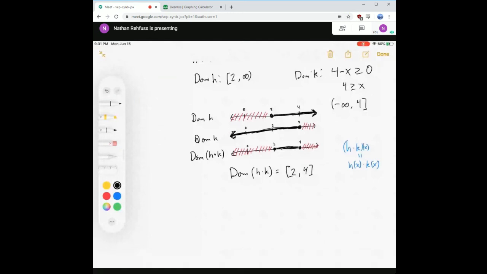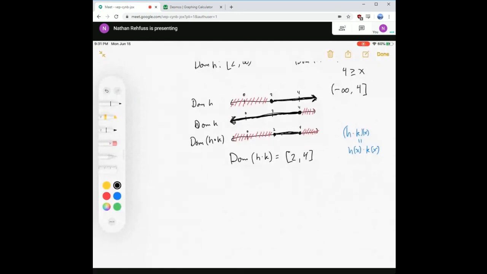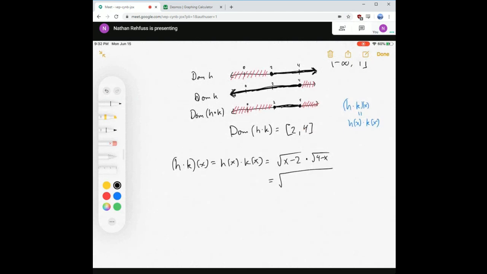Okay, let's find the formula. H times k of x is equal to h of x times k of x, right? So it's going to be root x minus 2 times root 4 minus x. Well, I can use the square root property to actually simplify this a little. It says that the square root of a times the square root of b is the square root of a times b.